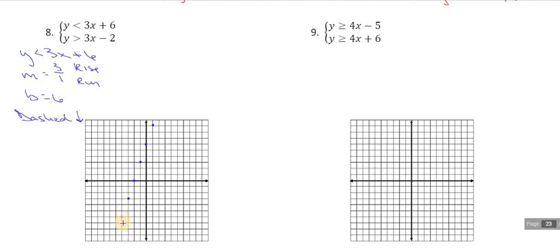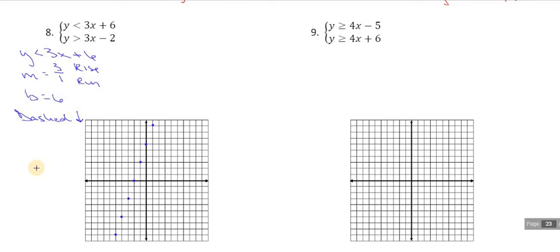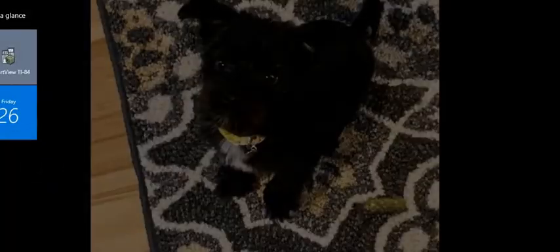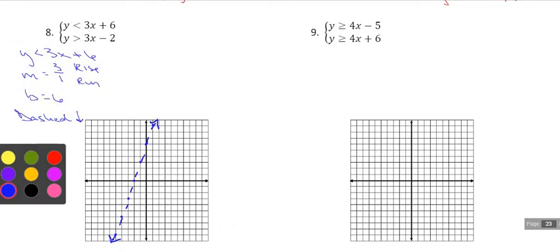Especially with my dashed lines, I need to have as many points as I can so that I know how to draw my line as nicely as possible. So here comes my dashed line. And shading underneath means we are down in this region.